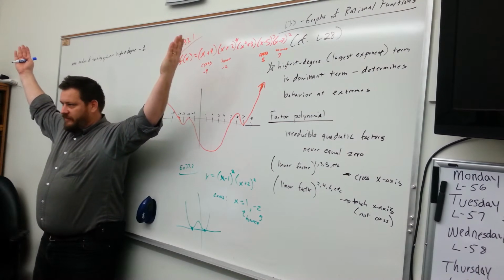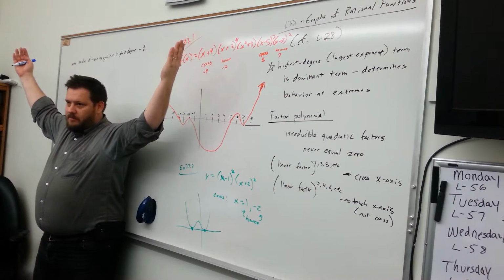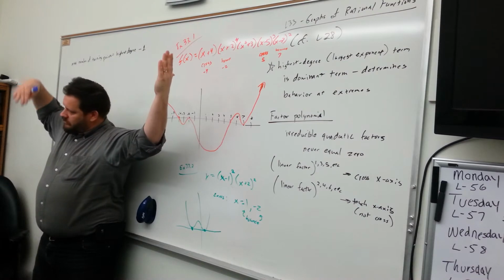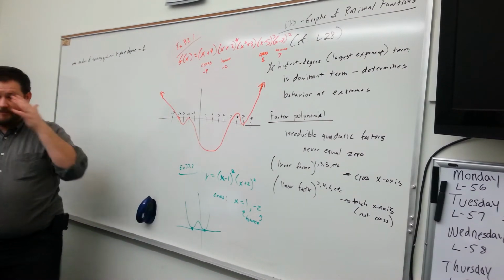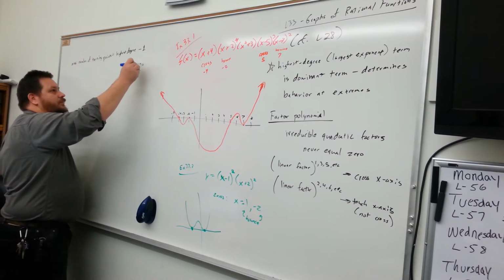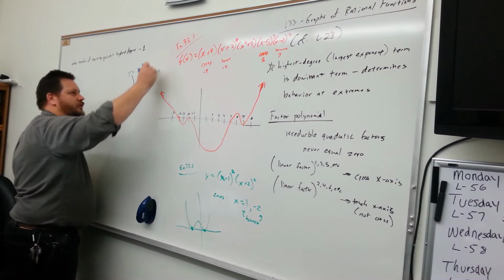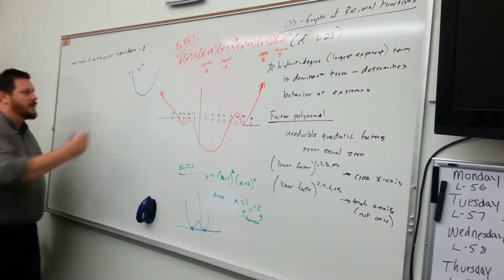How many turning points does a basic parabola have? One. It's coming down, negative, and then it turns and goes back up positive. So it's one turning point.